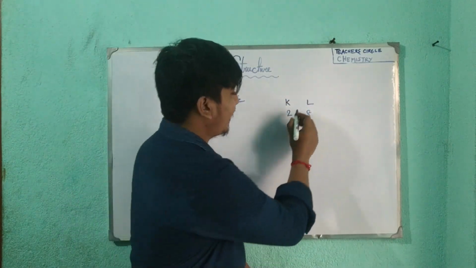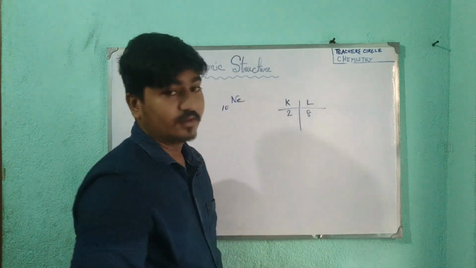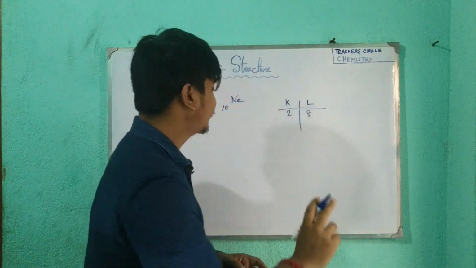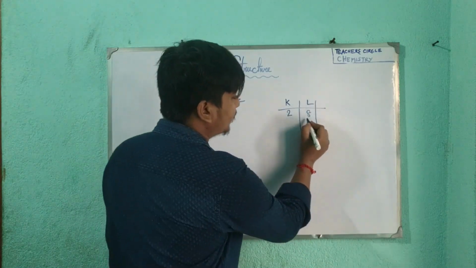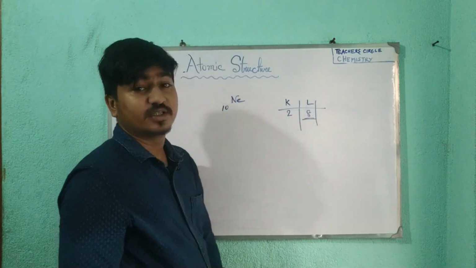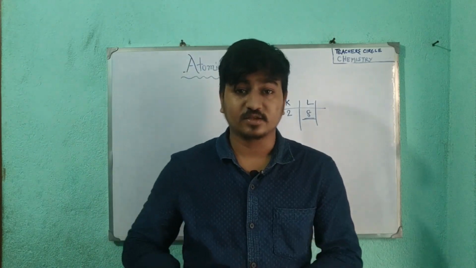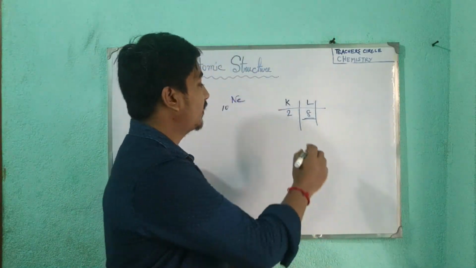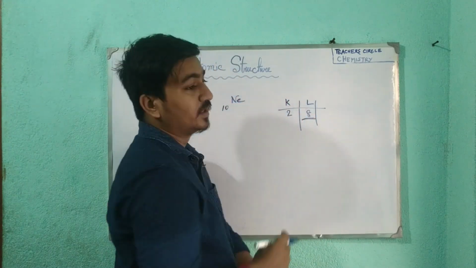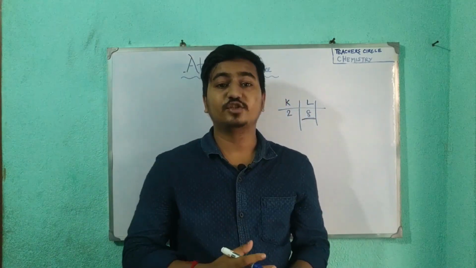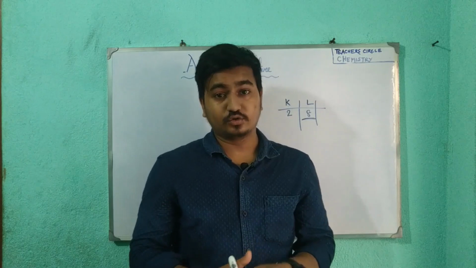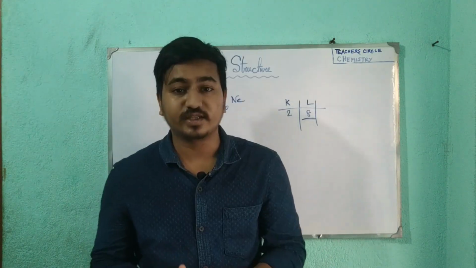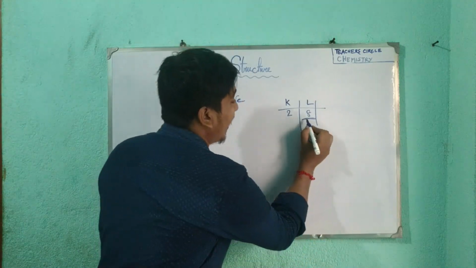So when an element has its shell fulfilled with electrons, then it is a most stable gas. Why is it the most stable? Because when a shell is fulfilled with electrons, it has no tendency of losing or gaining. Therefore we say it's a stable gas. Therefore we chose the octet rule as 8.